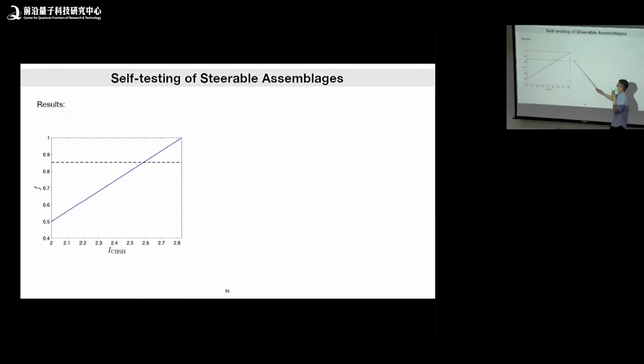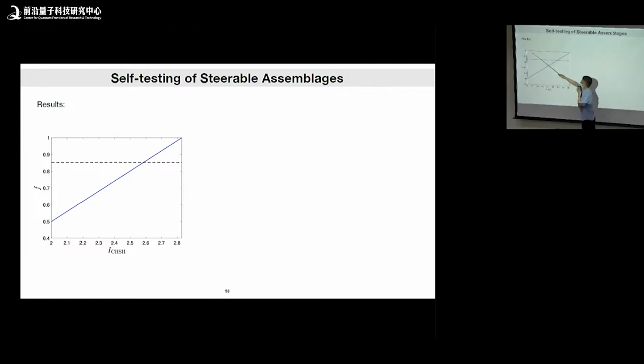So I will just show you our numerical results. Here, the x-axis represents the value of the CHSH inequality, and the y-axis represents the lower bound of the fidelity between the underlying assemblage and the reference assemblage. The dashed line represents the best classical strategy that can be achieved. As we can see, the maximum violation of 2 square root of 2 is around 2.82, and we obtain the lower bound on the fidelity equal to 1.